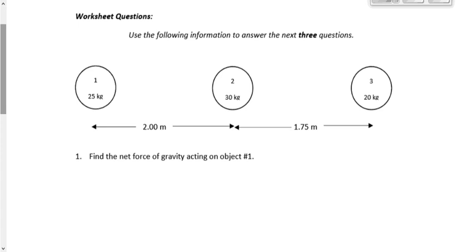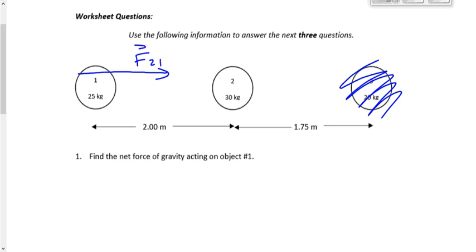You're drawing the net force on object number 1. Forget about object number 3. Pretend it doesn't even exist, okay, for now. You're finding the force of 2 on 1. 2 and 1 are going to attract each other by gravity, right? There's a force of attraction. If they're going to attract each other, then 1 is pulled towards 2. I'm going to say the force of 2 on 1 is to the right.